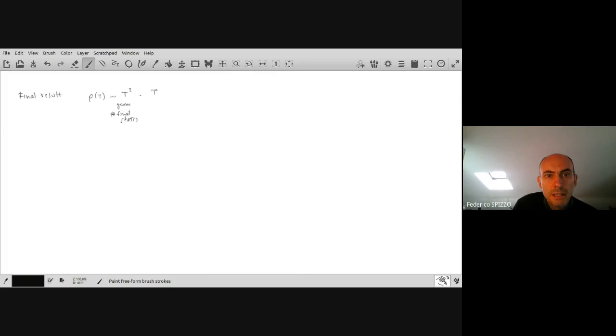Then we have a T term that is the scattering cross-section, and T squared, that is the efficiency of the process. So we have a T to the 5 dependence.